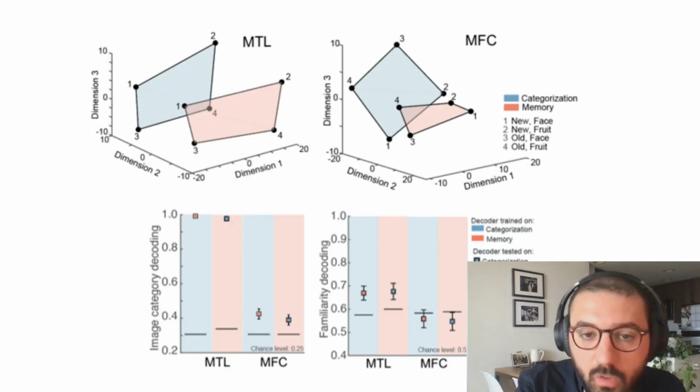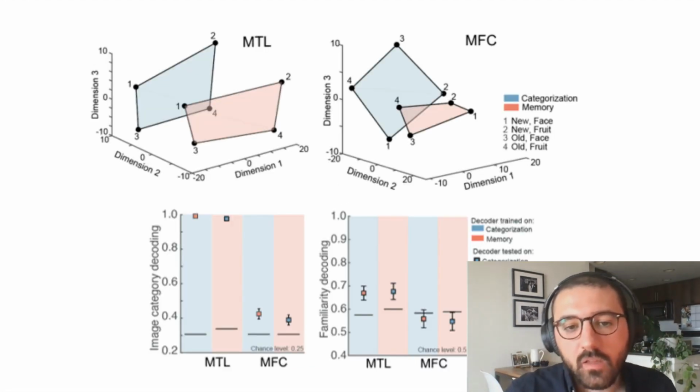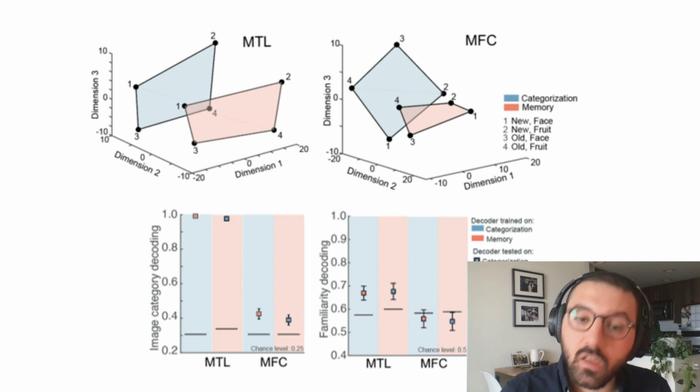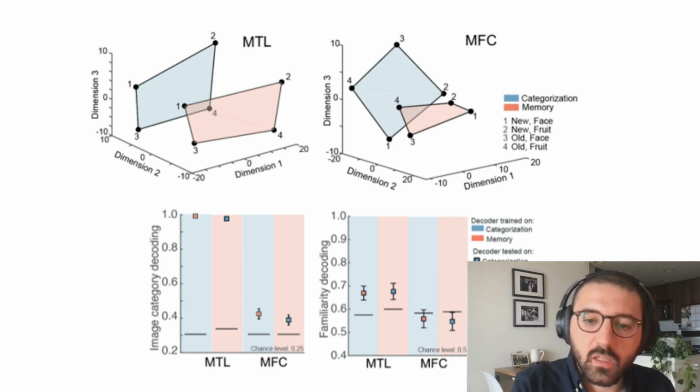And that's exactly what we do. And what we find is that while in the medial temporal lobe, the coding for both image category and familiarity is largely stable. And by stable, we mean that the same decoder fit in one task works very well in the other task. In the medial frontal cortex, the ability to decode this information is significantly reduced.